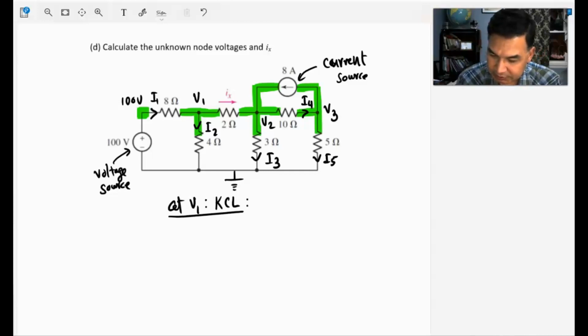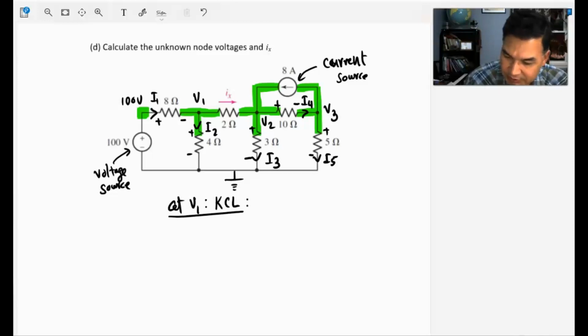These are the currents, but this problem is not asking for all of them, it's just asking for this current, Ix. If you choose the current in this direction, this side is positive, this side is negative, and so on. That's your next step, choosing the polarities based on the currents you have chosen.